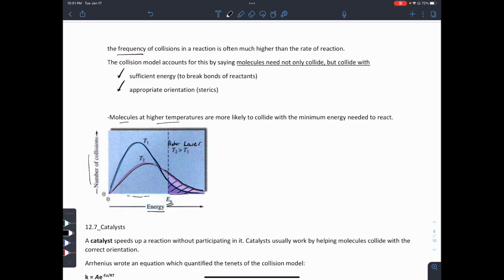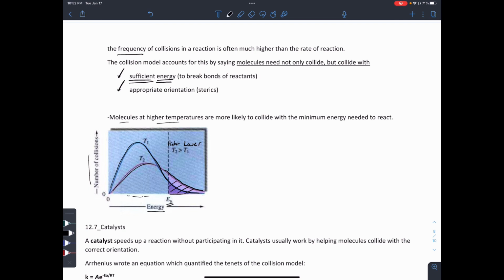So by increasing temperature, we have provided sufficient energy to break the bonds of reactants for more of the molecules that are reacting. So by increasing temperature, it does not guarantee that every collision will have sufficient energy, but it increases the likelihood that more collisions will have sufficient energy because more particles are moving at a higher speed and will have higher collision interactions with one another.